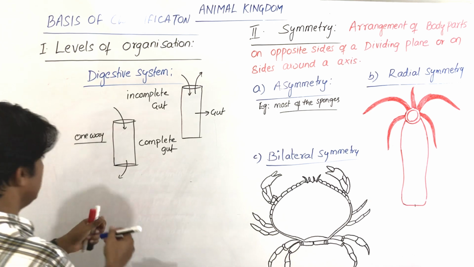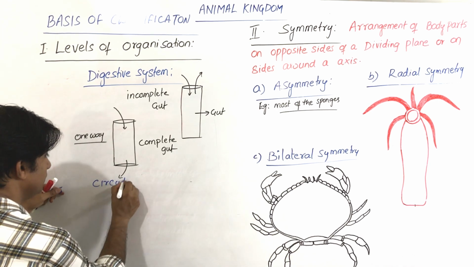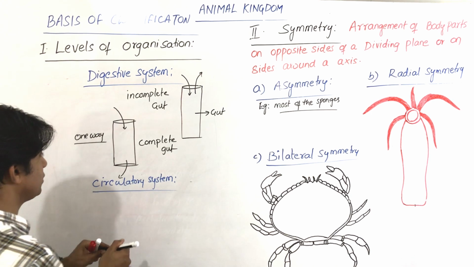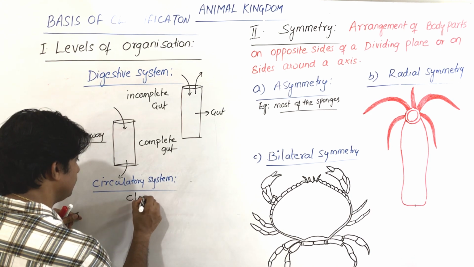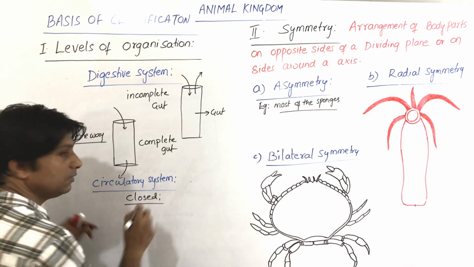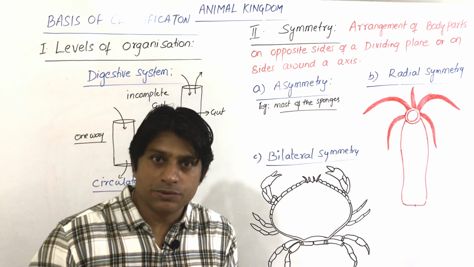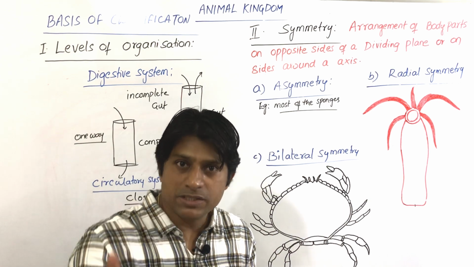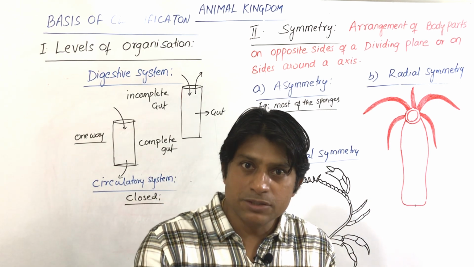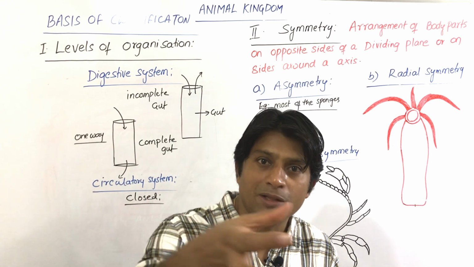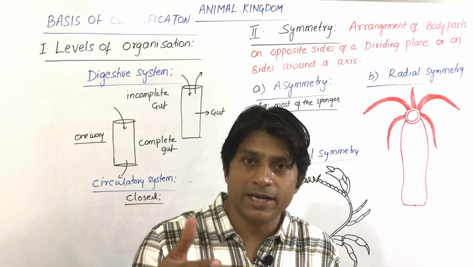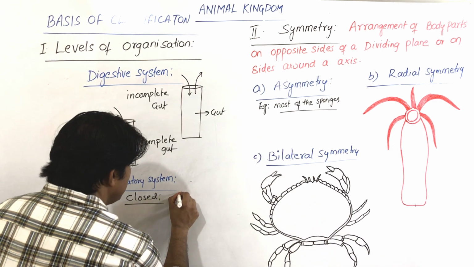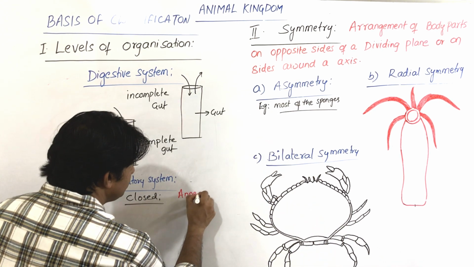Next, circulatory system. In some animals, the circulatory system is called closed, because this is where the blood flows in closed vessels, blood vessels like arteries, veins and capillaries. The blood keeps moving in all these closed vessels. It's called closed circulation. And closed circulation is in phylum Annelida.